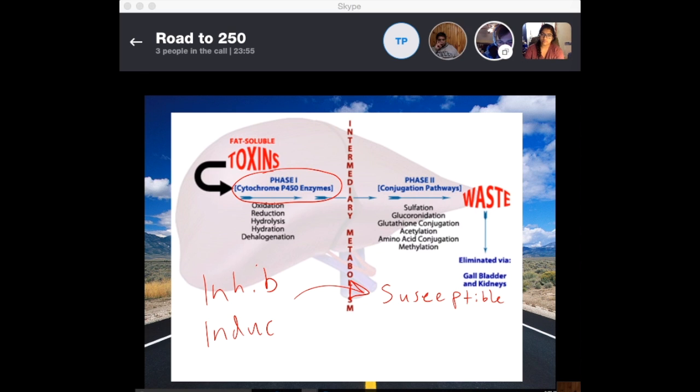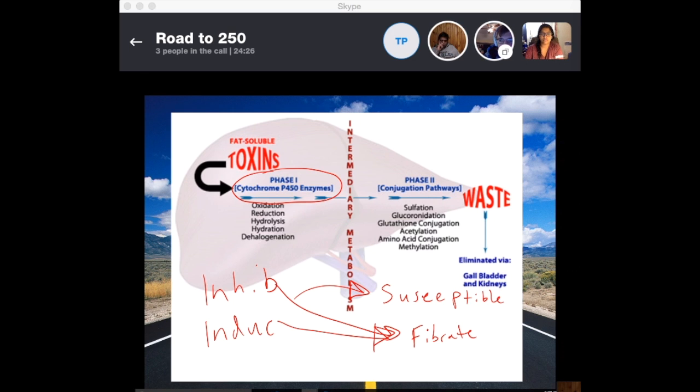Does that make sense? So these can be the ones that are affected by inducers or inhibitors, but they don't necessarily do any of those. So if I remember correctly, fibrates aren't either inducers or inhibitors, but they are very susceptible to inhibition or induction of the P450 system. So that's something you've got to watch out for.